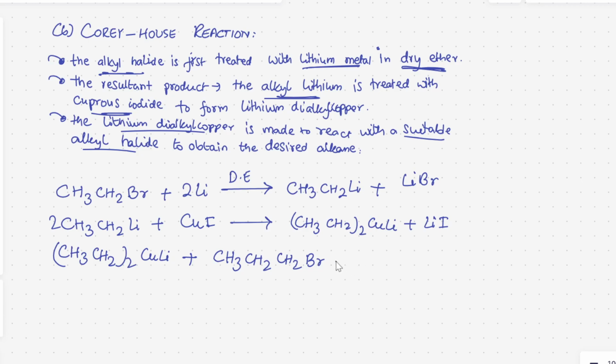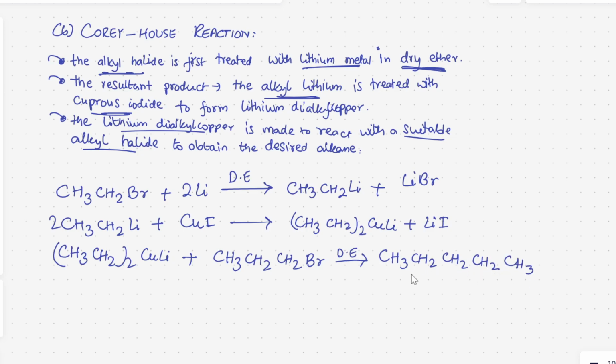Again, this is also reacted in the presence of dry ether, and our products are simply CH3CH2CH2CH2CH3, 1 2 3 4 5.